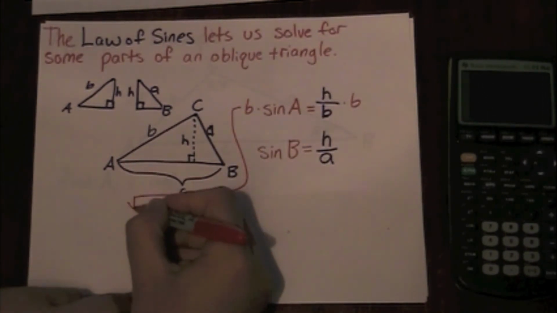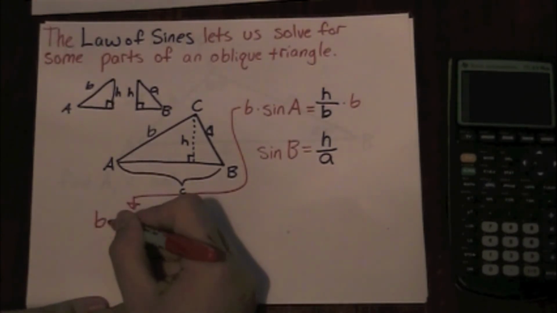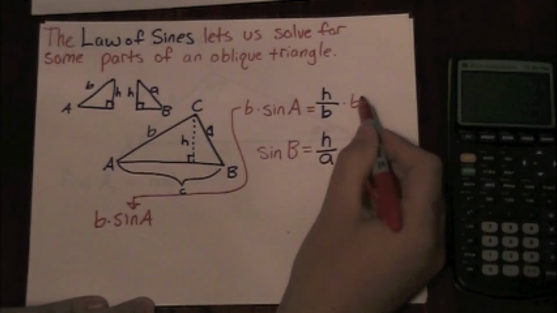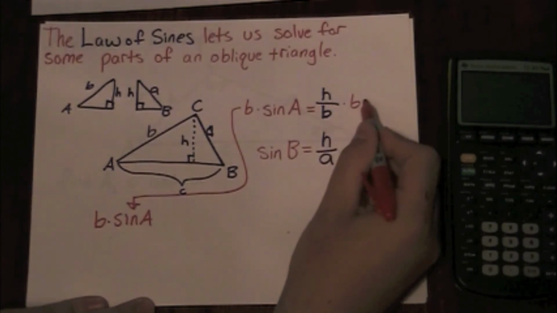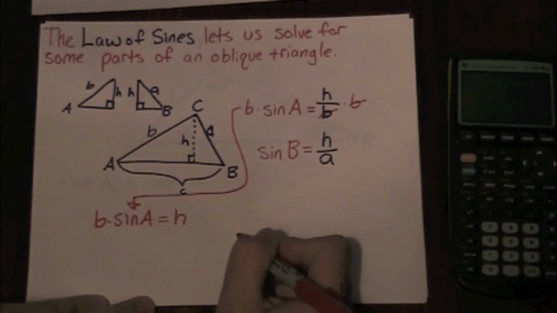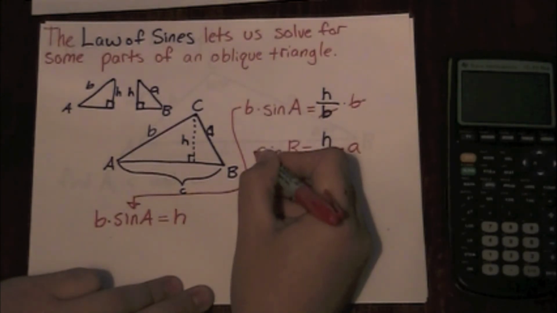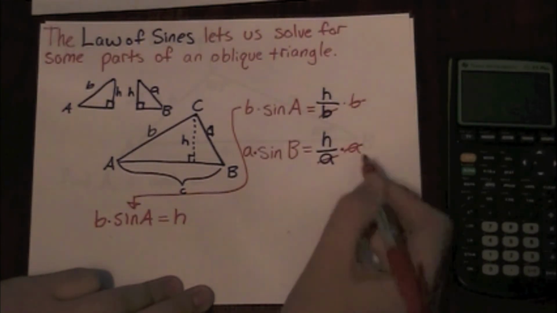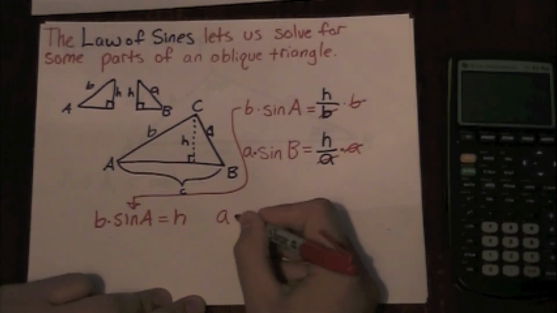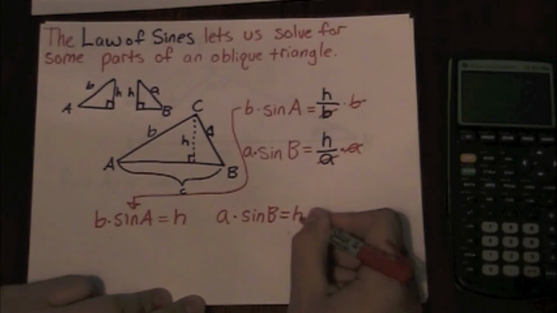I'm going to draw an arrow down here so I know where it goes. b times sine of angle A, and I have b times h divided by b, so that's going to cancel down to 1, equals h. If I do a similar operation on my second equation, multiply both sides by a, canceling to 1 on the right side, I end up with a times the sine of B also equals h.